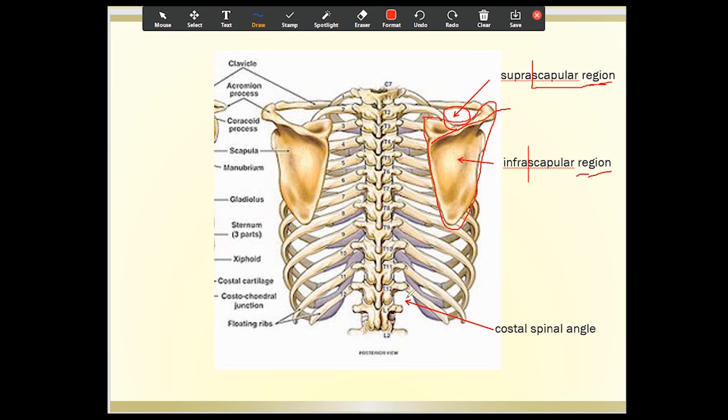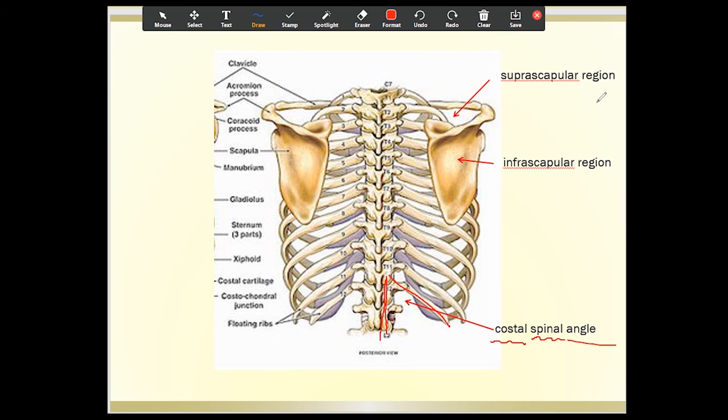Then we have a special area. This area is the 12th rib, and that's the spinal column. Between them they form an angle here, and we call this angle the costovertebral angle, meaning rib and spinal column angle.